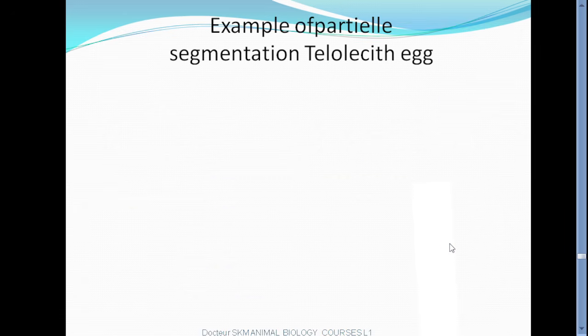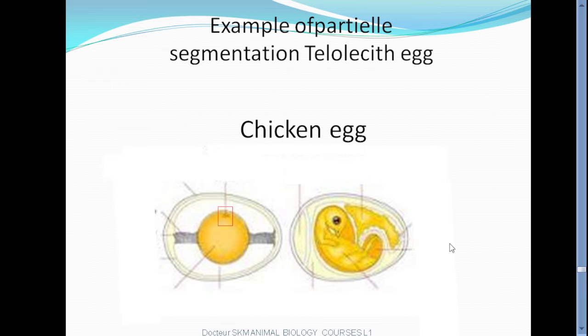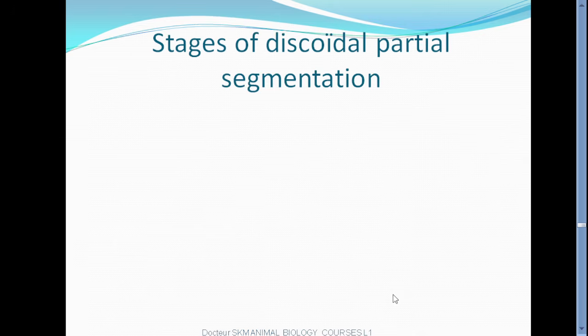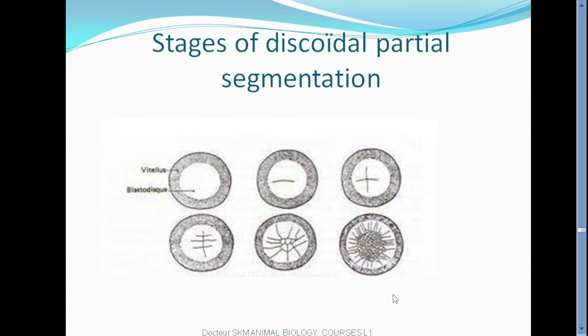Now let's move to the second example, which is partial segmentation, and we will take an example of a telolecithal egg, exactly the chicken egg. We'll follow how it is transformed from a single cell, which is in this part, to this formation. So let's start with the stages.